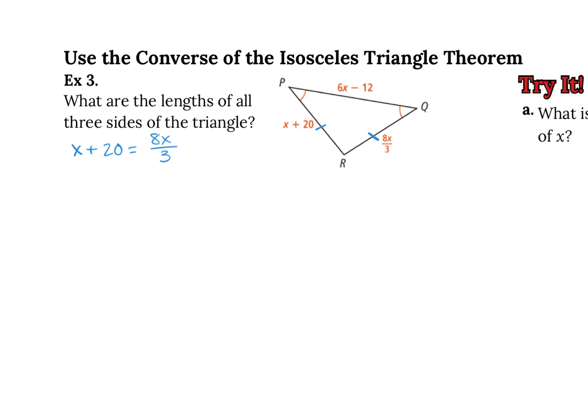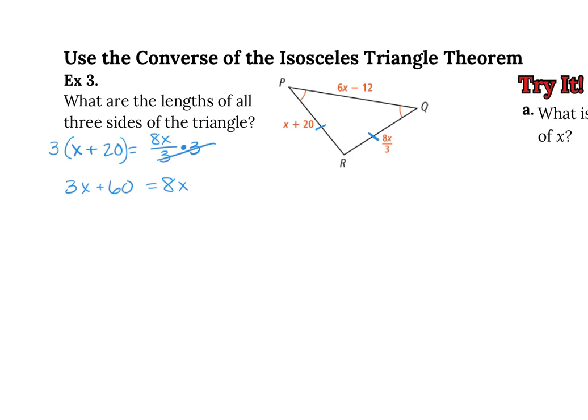Okay, so first thing I want to do is get rid of the 3 that is underneath 8x. So right now it's dividing 8x, so the opposite of division, I will multiply by 3. I need to multiply the entire left side by that 3. So I get 3x plus 60.